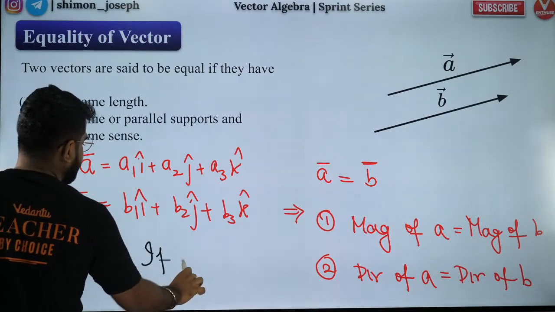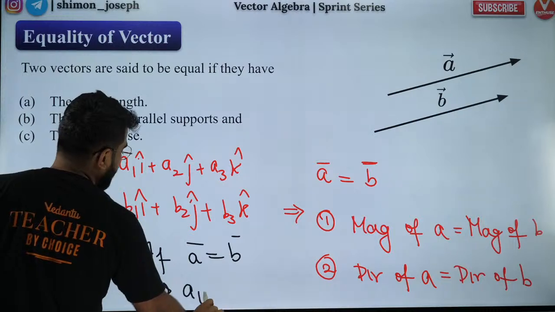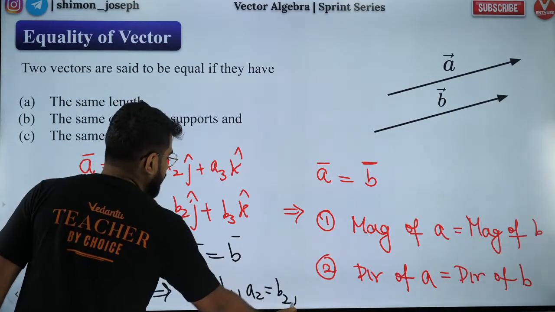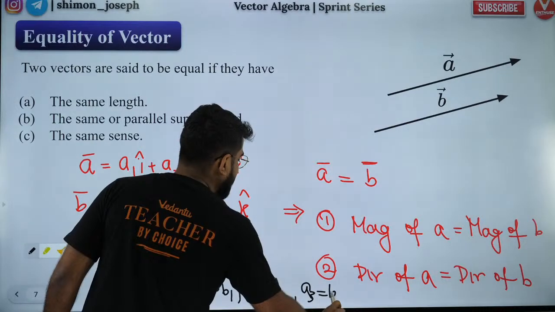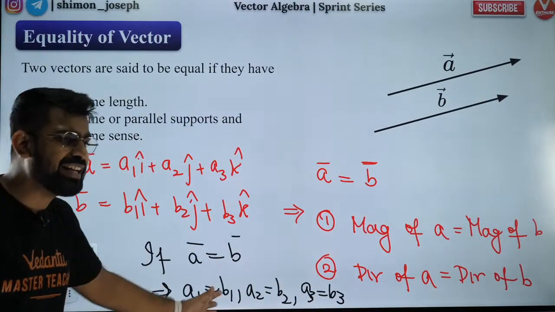If A is equal to B, then my dear boys and girls, this implies A1 is equal to B1, A2 is equal to B2 and A3 is equal to B3. Are you all happy with it? Everybody clear? Did you all like that?